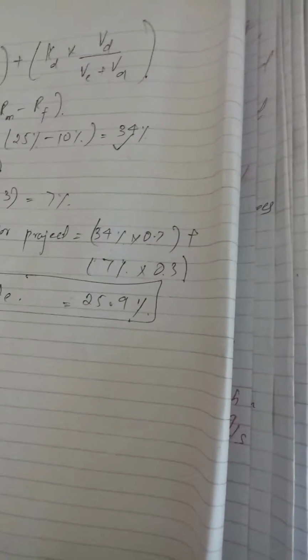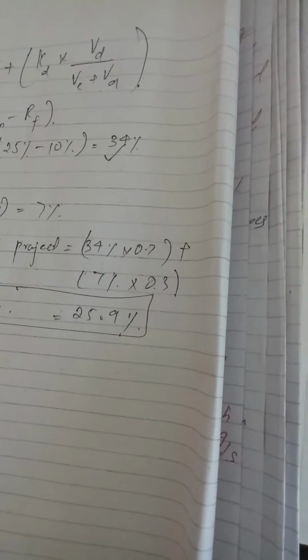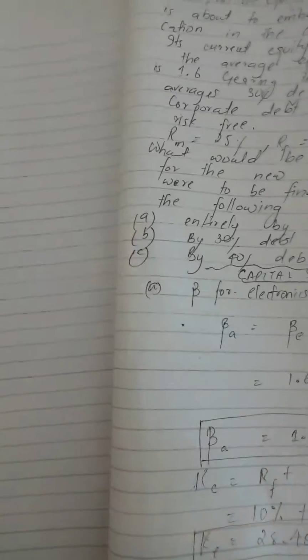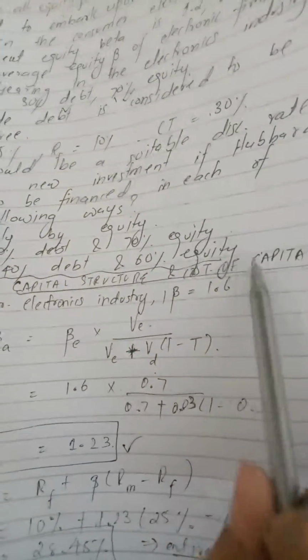So the simplest approach is a two-step procedure for the gearing adjustment. How will the gearing adjustment be done? First of all, it will be 40% debt and 60% equity.